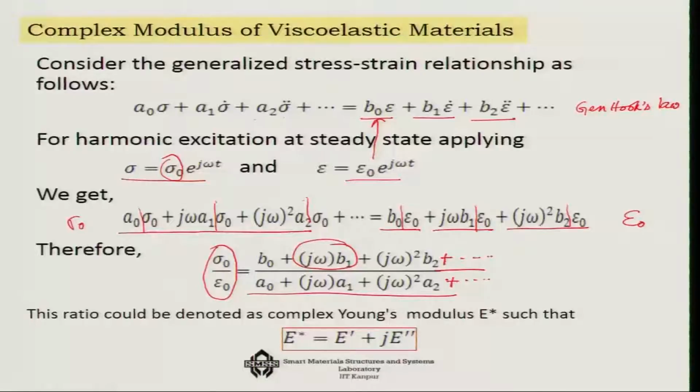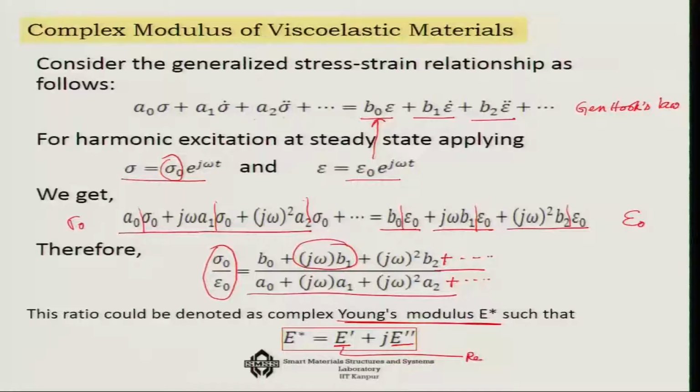This sigma 0 over epsilon 0, after all, is stress over strain. Let us denote it with Young's modulus E star, which I now know is complex, because my numerator is complex and my denominator is complex. So, E star has an E prime, which is the real part, and an E double prime, which is the imaginary part.